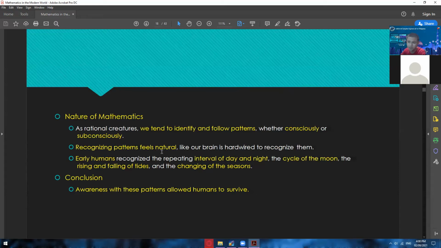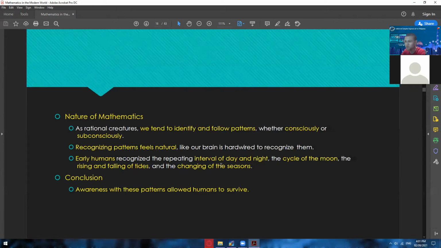Recognizing patterns feels natural, like our brain is hardwired to recognize them. Early humans recognized the repeating interval of day and night, the cycle of the moon, the rising and falling of tides, and the changing of the seasons. Imagine if in 24 hours, or even 48 hours, there was only day.